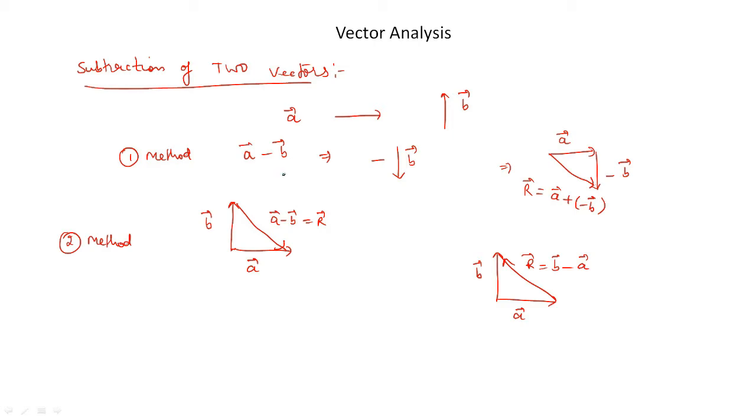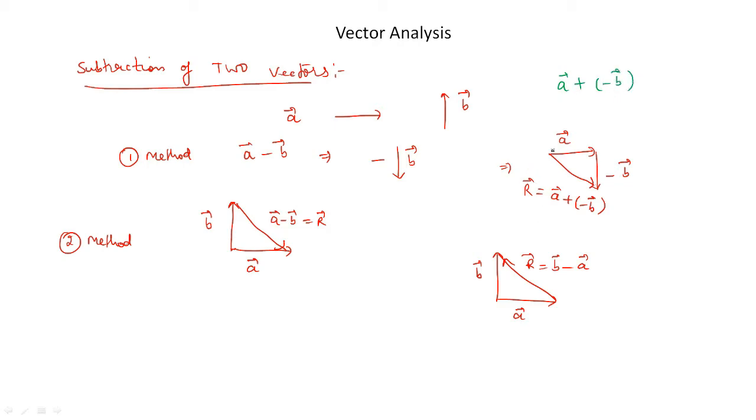In the first method we will reverse the direction of the vector B. Here you can see that vector B is in the north direction, but minus vector B will represent that its direction is towards the south side. So in the first method we will add a vector minus B to vector A.